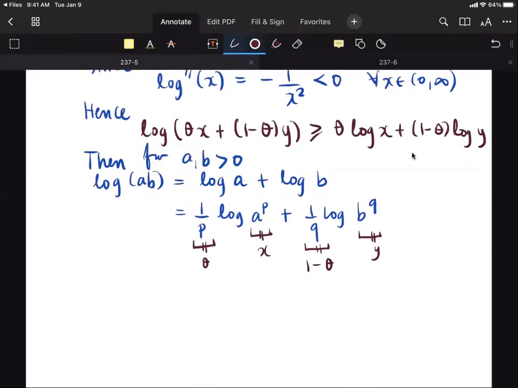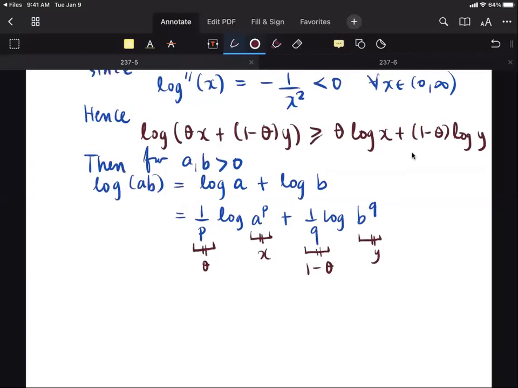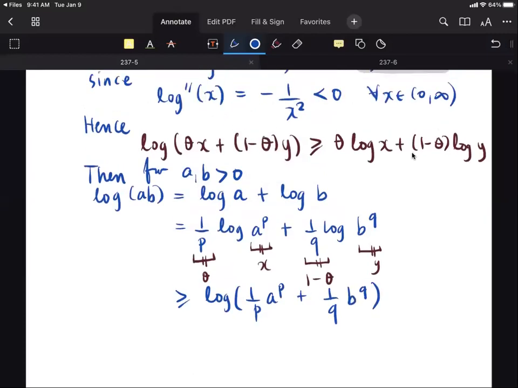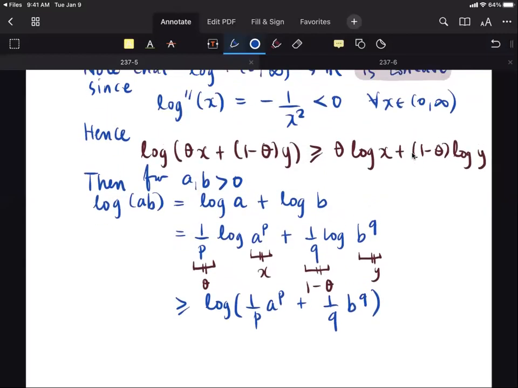Okay. In other words, they are convex conjugate. Then using the concavity of the log function, this is greater or equal to log of 1 over p a raised to p plus 1 over q b raised to q. And then take the exponential both sides.